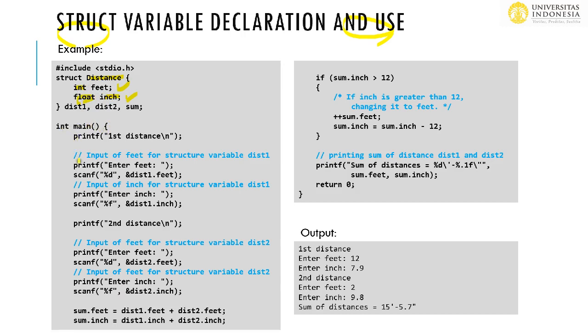Still remember that in international measurements, there are two systems of units. The first one is the imperial or British units, which are based on foot or feet and inch, and the other one is the metric system, which is based on meters, kilometers, etc.